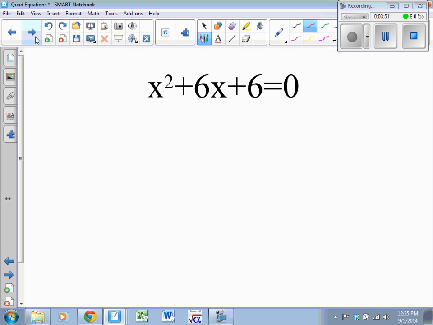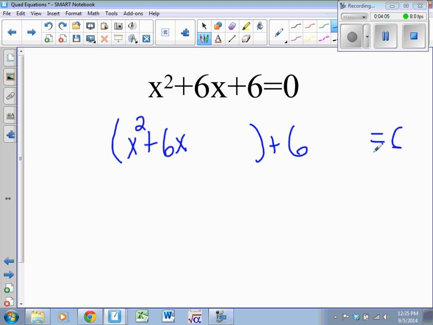So let's look at x squared plus 6x plus 6 is 0. Our first step is going to be to group all the x's together and put the number without the x on the outside of the parentheses. And I'm leaving some blanks on purpose as we do this.